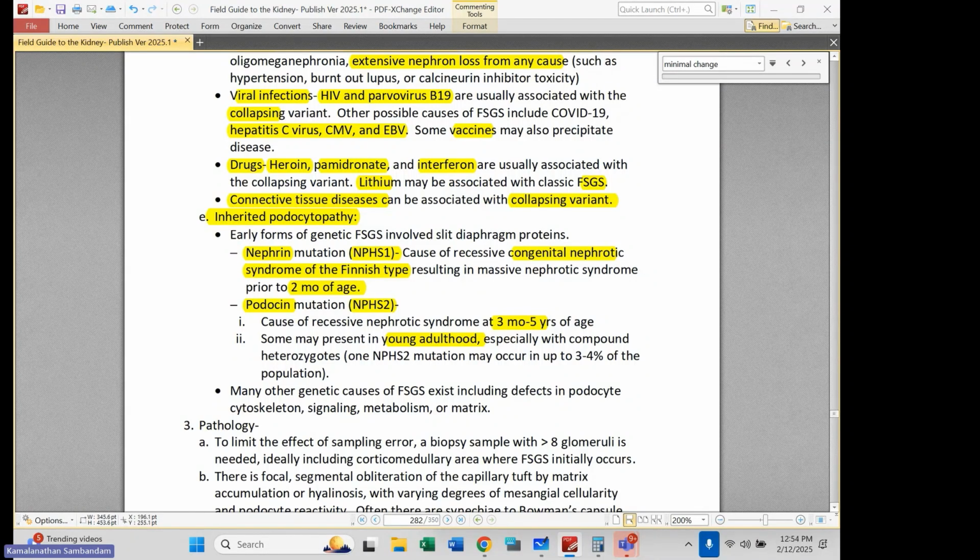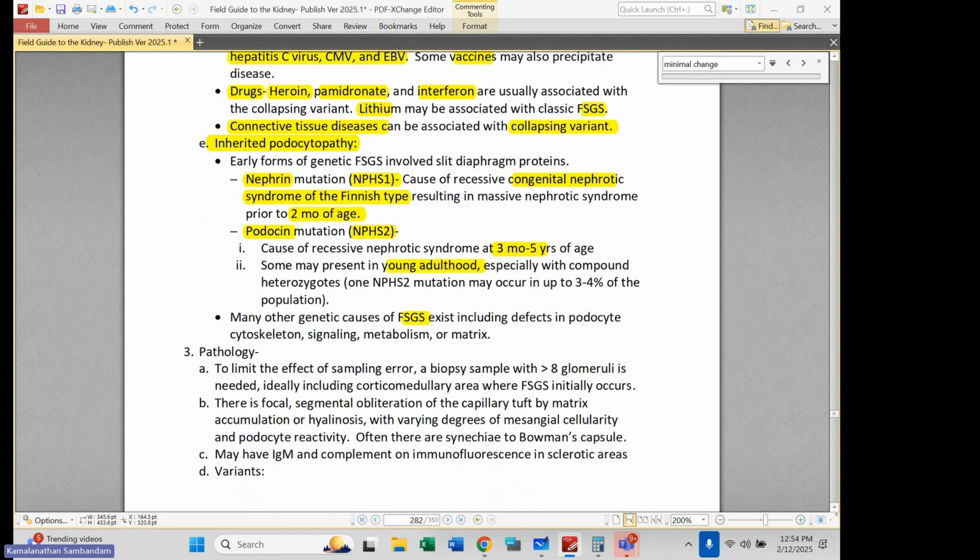There are multiple other genes that are associated with genetic FSGS, okay? And I've listed the general categories of some of these genes. Many of them have to do with podocyte biology, including the integrity of the cytoskeleton. And that makes sense.